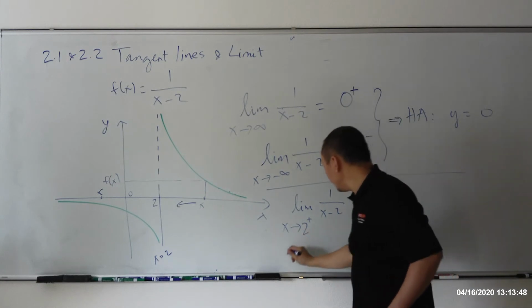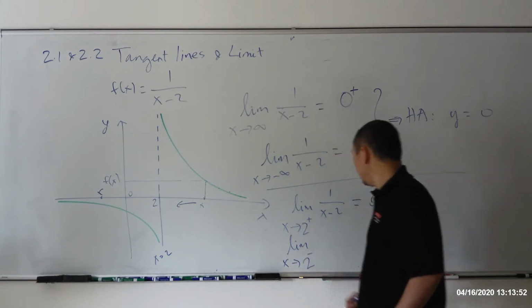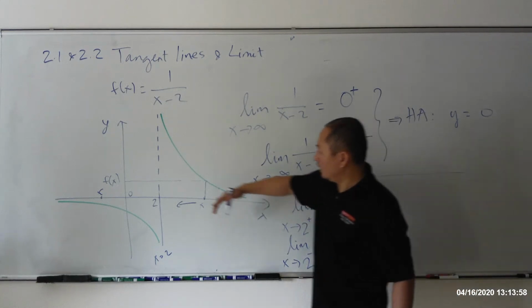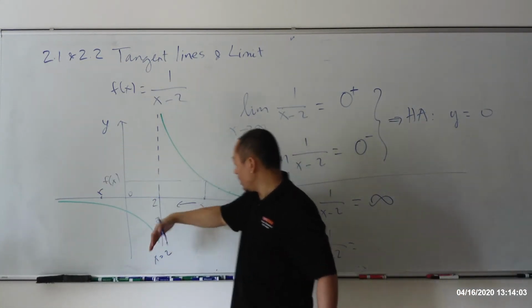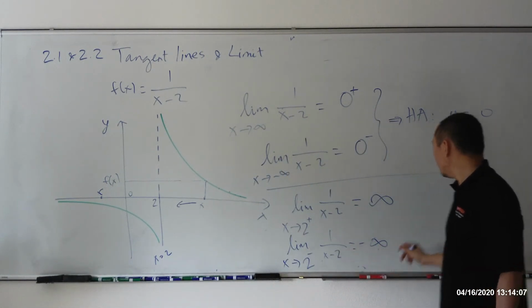And similarly, for the limit as x approaches 2 from the left, the function 1 over x minus 2 will be negative infinity. When x goes to 2 from the left, the function is going down to negative infinity. Those two indicate what?